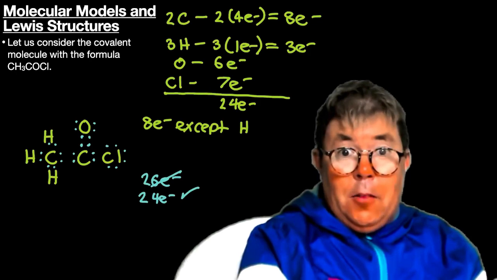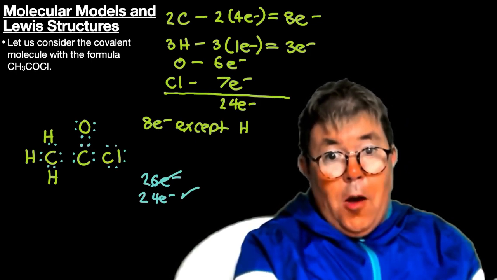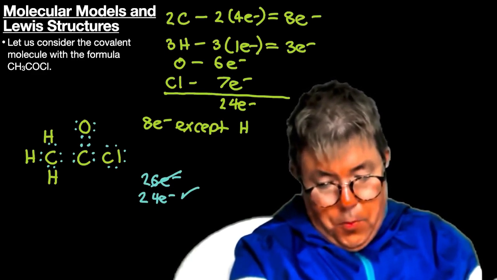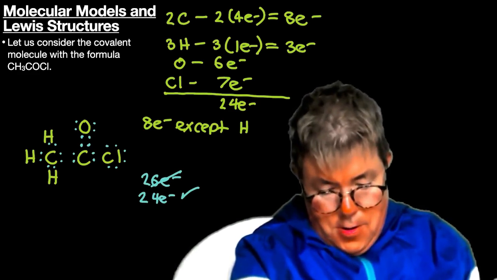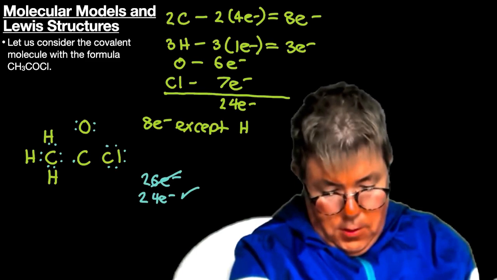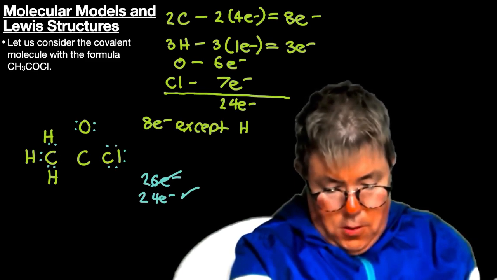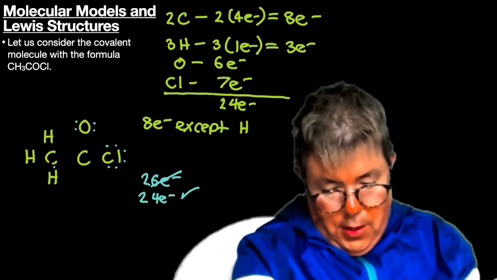In lecture, not in lab, you are asked about polarity. So in order to help us understand molecular polarity, I am going to change this drawing. I'm going to remove the shared electrons and replace them with a line.